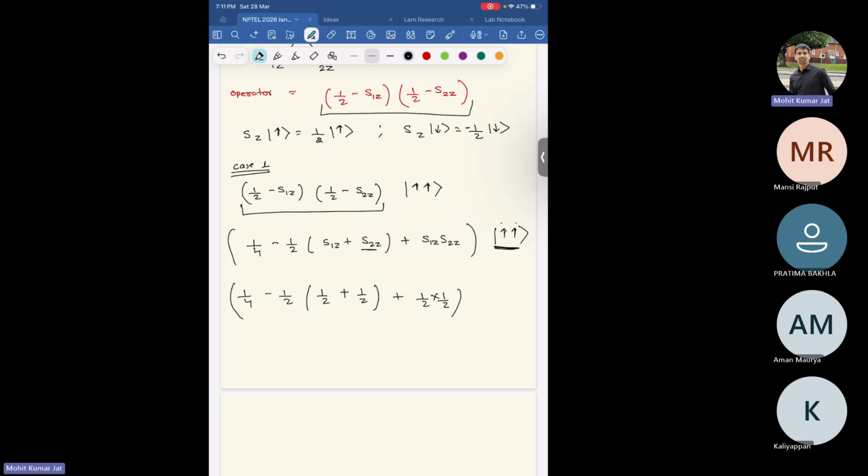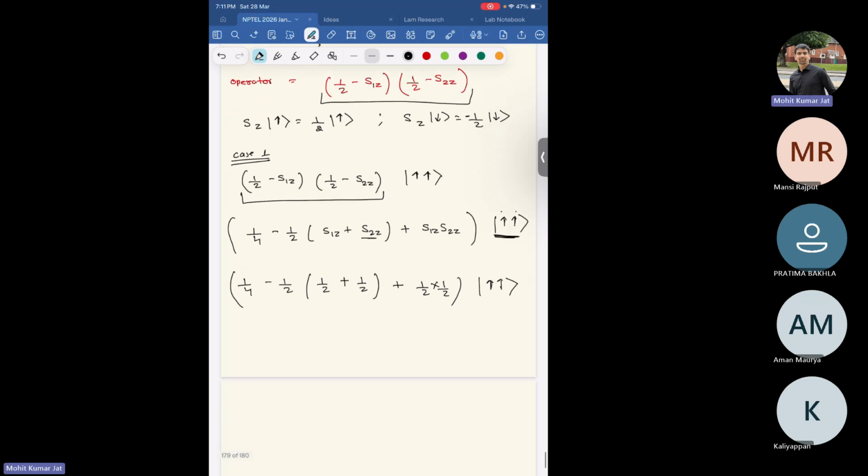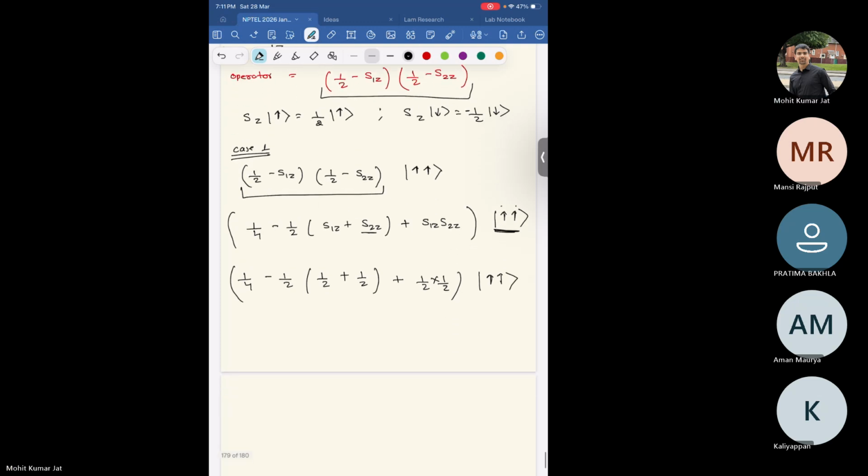So this is nothing but 1/4 minus 1/2 plus 1/4. That will give you 0. The eigenvalue of this one is 0.